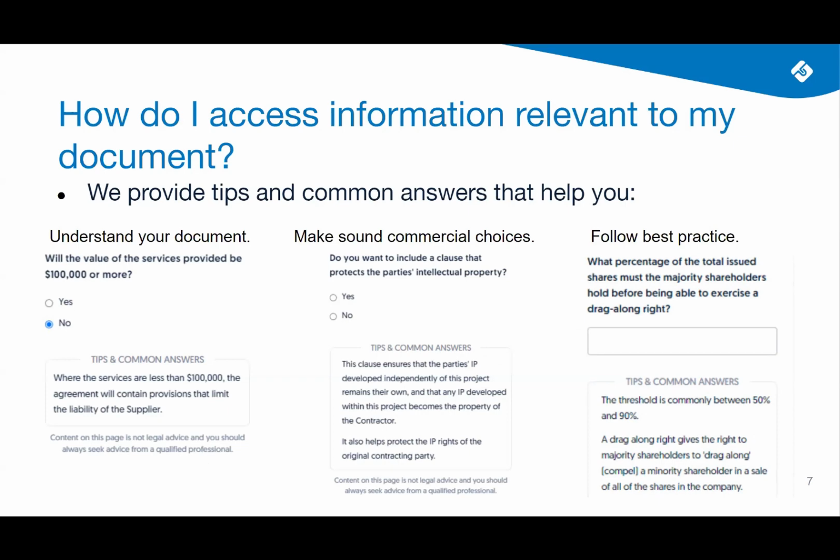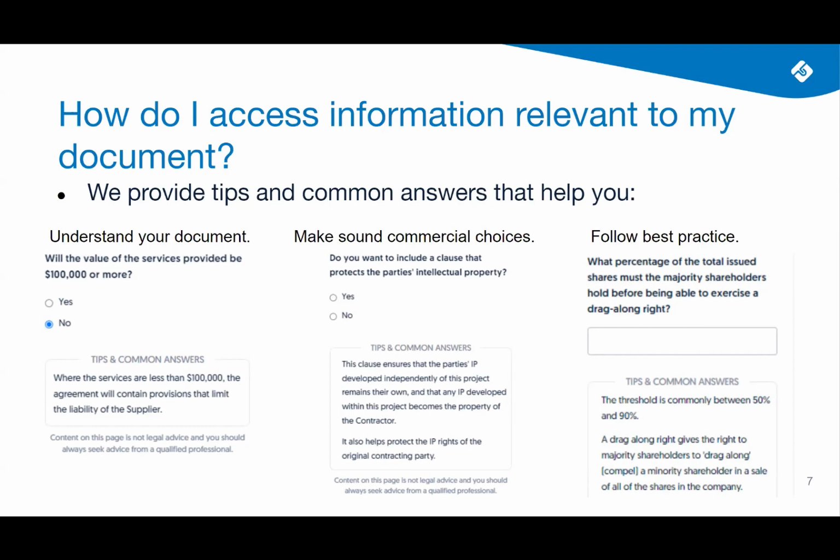The first one is to help you understand what the stakes are at each part of the document and therefore in each question. So you may not immediately create a link between supplier liability and whether the services are worth $100,000 or more. So this helps you understand what your answer is going to do to the document.